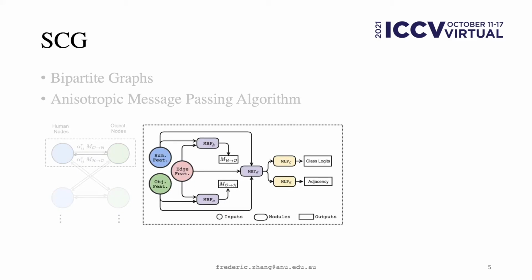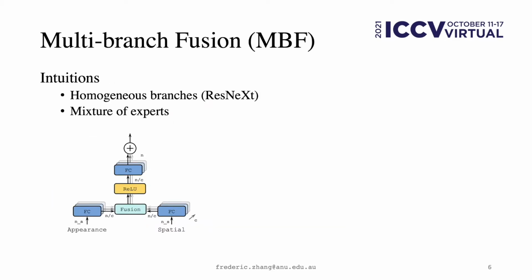On the right, we show how the node features and edge features are combined to compute the adjacency, messages, and class logits through a proposed MBF module. For the MBF module, as the name suggests, it fuses two modalities under a multi-branch structure. The intuition is similar to the ResNeXt model, where homogeneous branches with reduced feature dimensions are employed to encourage diversity.